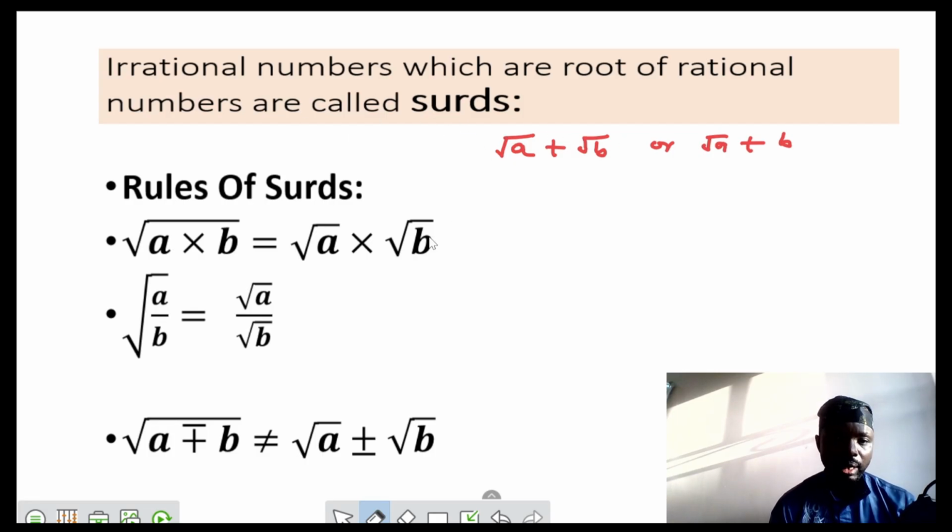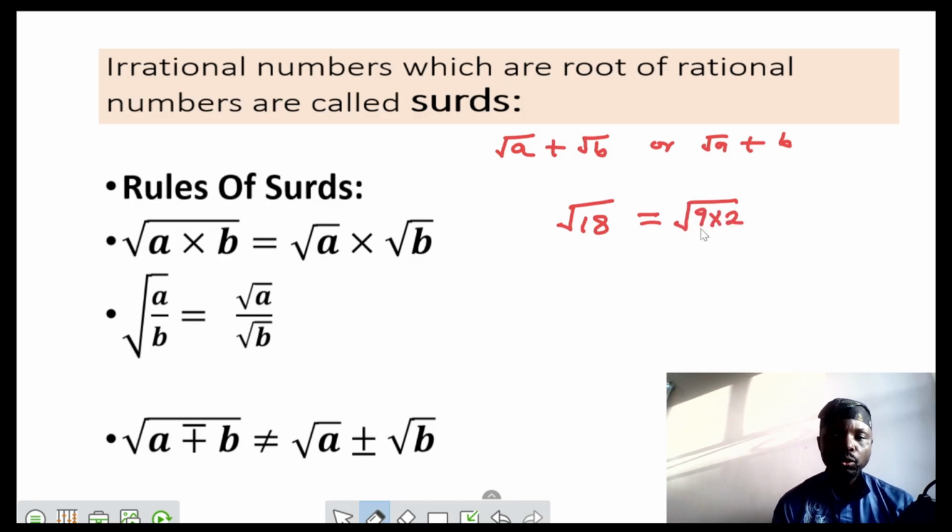Then the rules of surd. There are some rules that guide us to simplify surds. One of the rules is, if I have a square root of a number, it can be broken into a multiple of two numbers. So if I have a surd, let's say root 18, it can be broken into two multiples, 9 times 2.